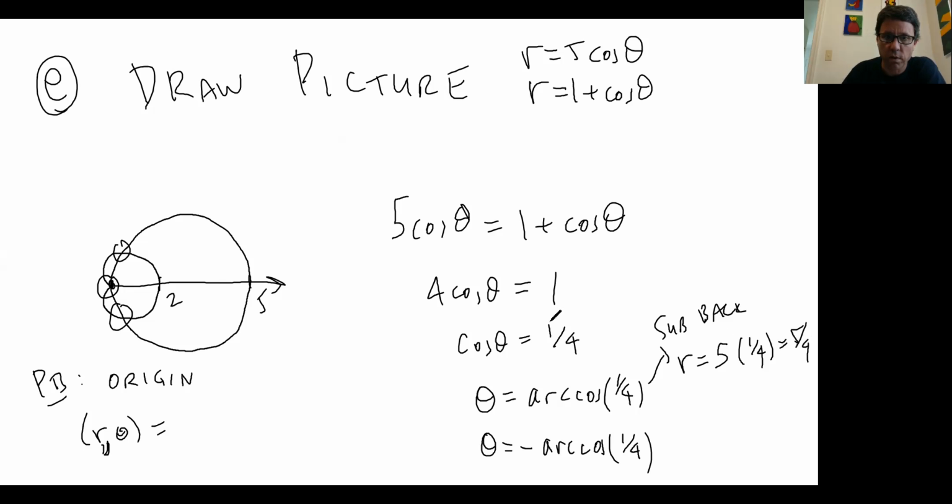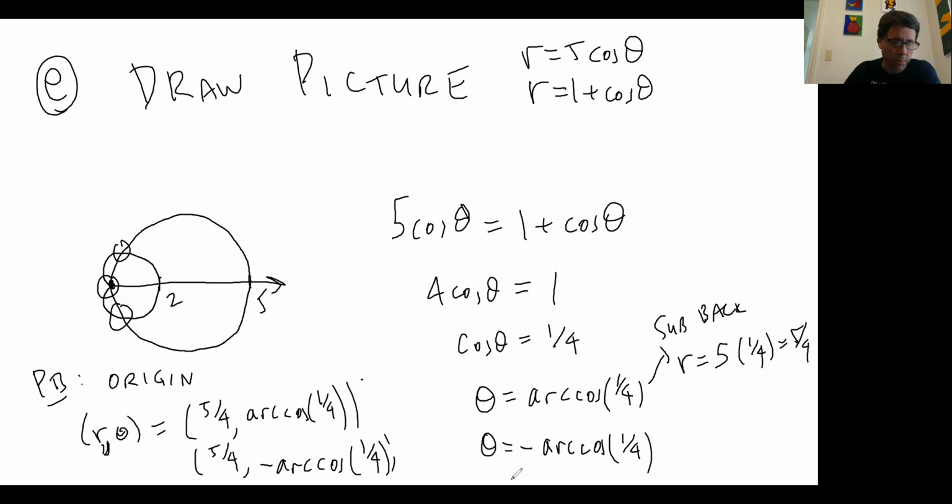We get 5/4. And that will be the 5/4, and the first angle is arc cosine of a quarter, and then the second one is the same distance out, so we might as well just use 5/4, with the angle going down, negative arc cosine of a quarter. And I think it's around 75 degrees or so. If you want to put an approximation in there, we'll leave it like that. I can do the calculation there.